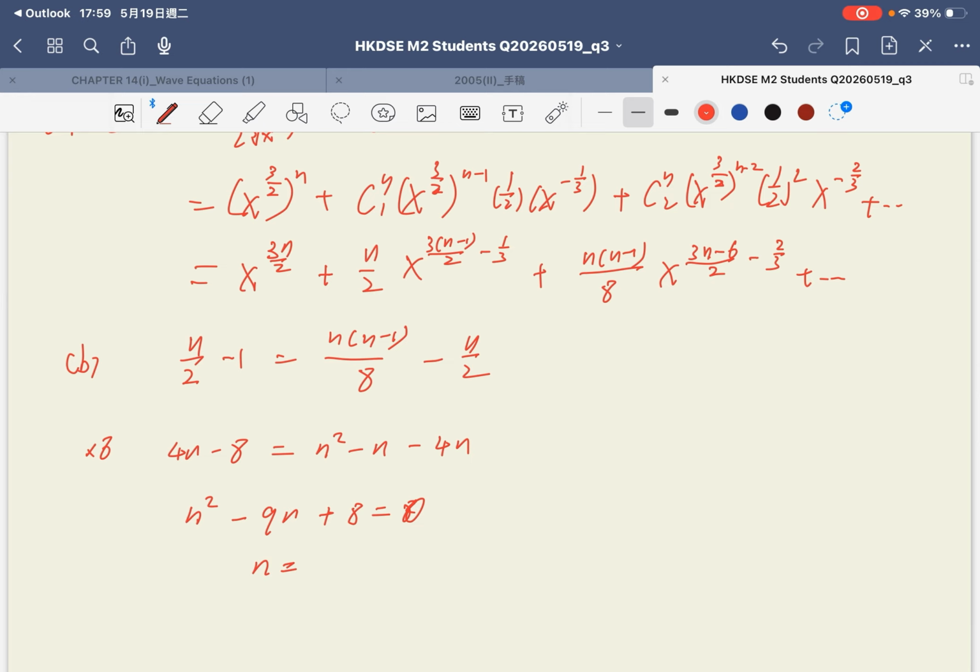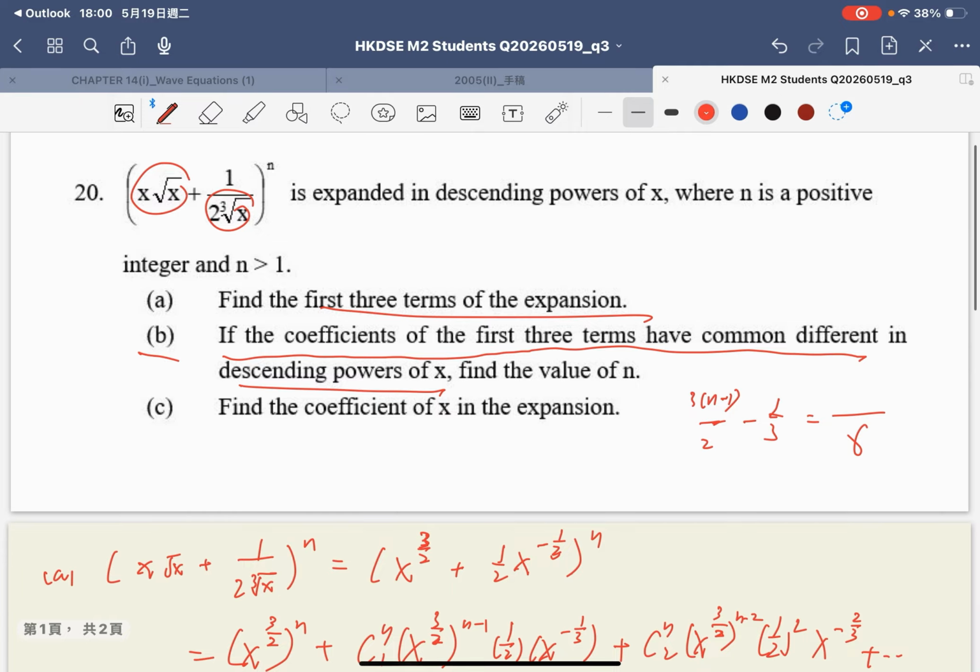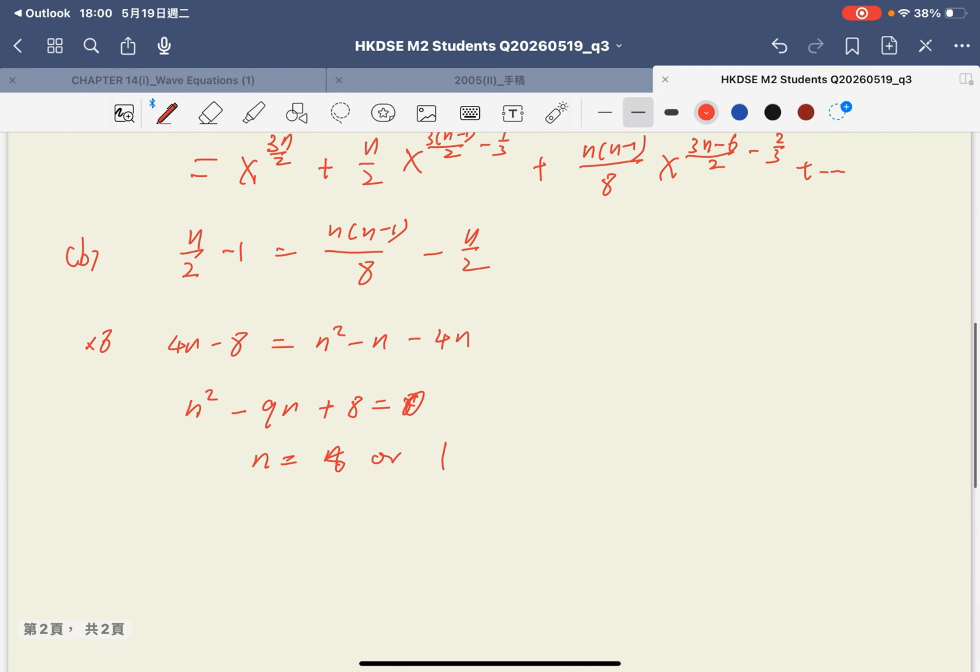Then n should be, let me check, 1 or 8. Okay, but n is greater than 1. Therefore, we reject the first one. The n should be equal to 8.